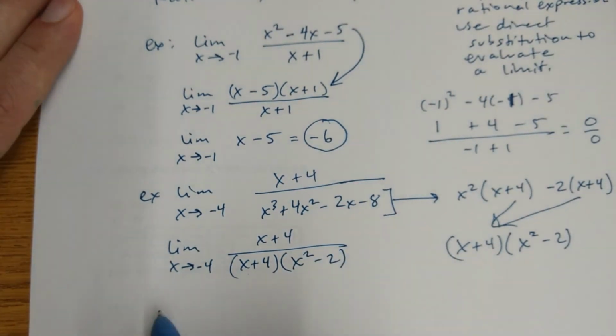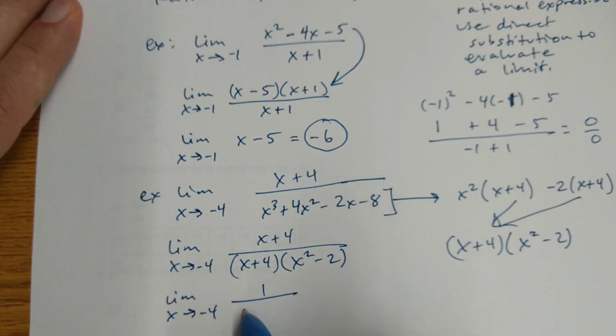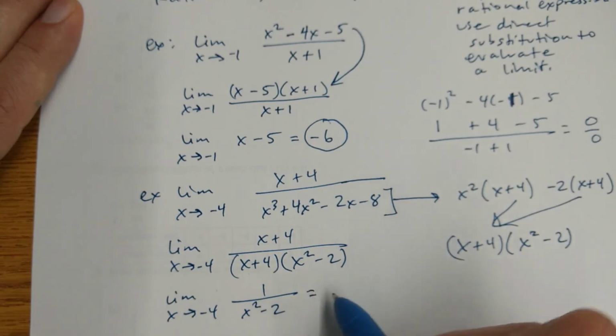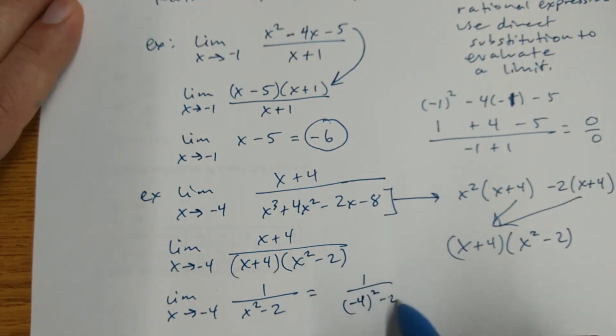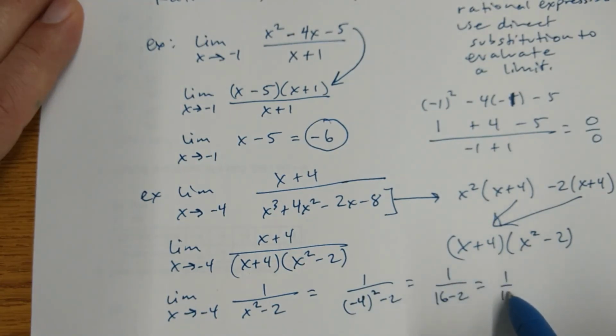And then we'll reduce our x plus 4's and be left with the limit as x approaches -4 of 1 divided by x squared minus 2. We recognize direct substitution does not cause our problem to be undefined anymore, and we can then get this to be 1 divided by -4 squared minus 2, which is 1 over 16 minus 2, which is 1/14.